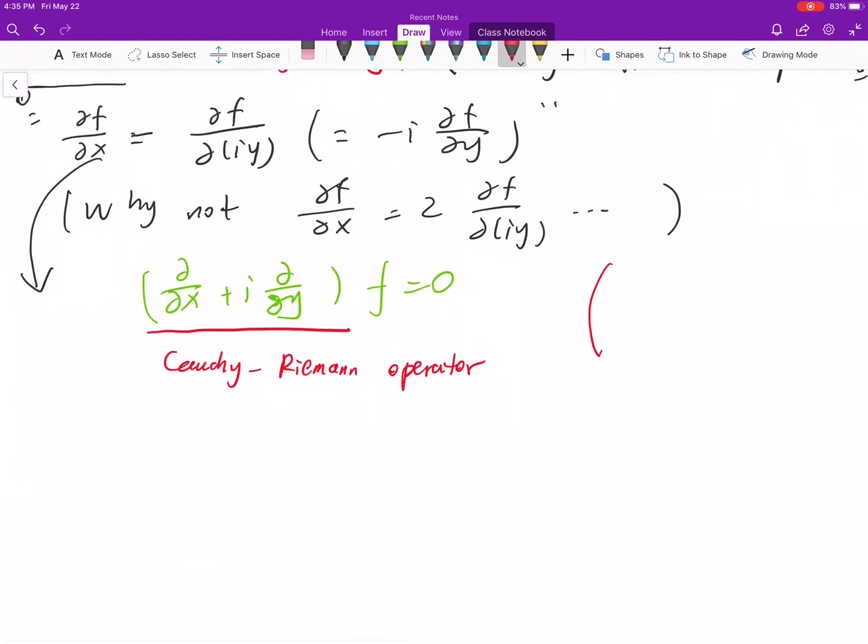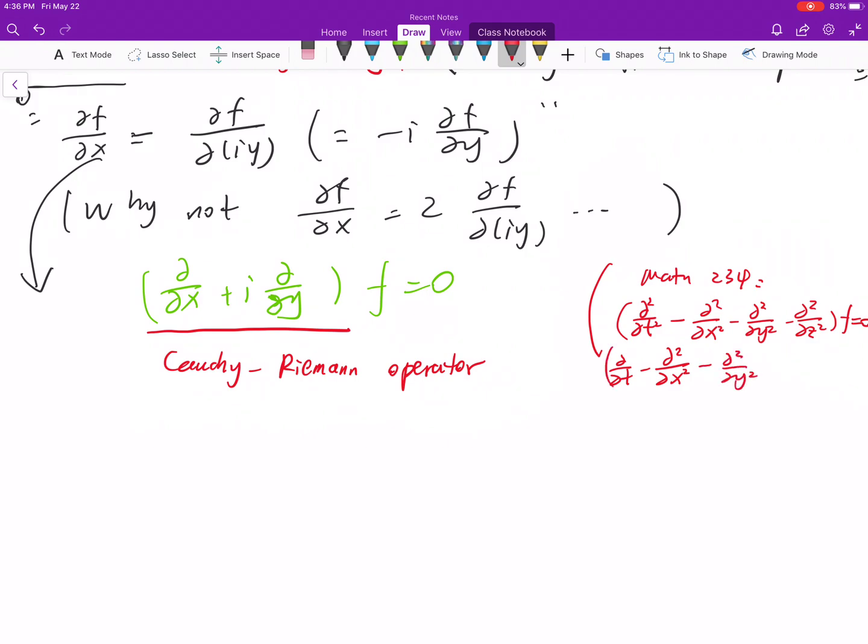Just recall in 234, we already know the wave operator, that is partial t squared minus partial x squared minus partial y squared minus partial z squared f equals 0, and also the heat operator, partial t minus partial x, partial y, partial z squared f.